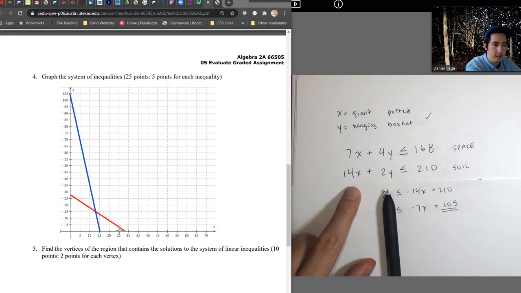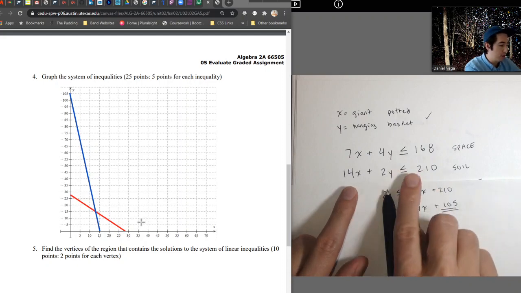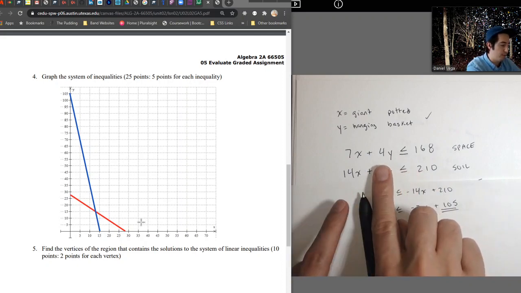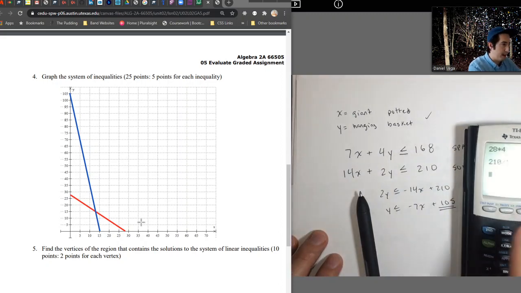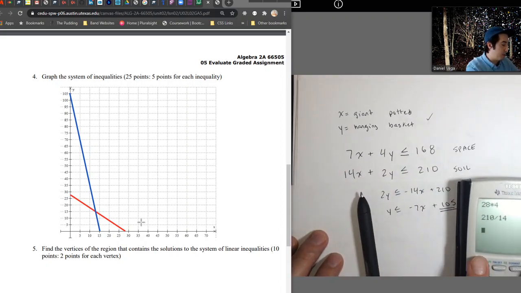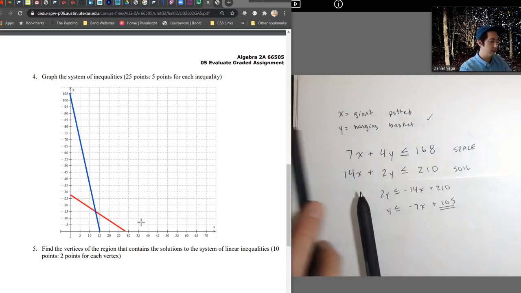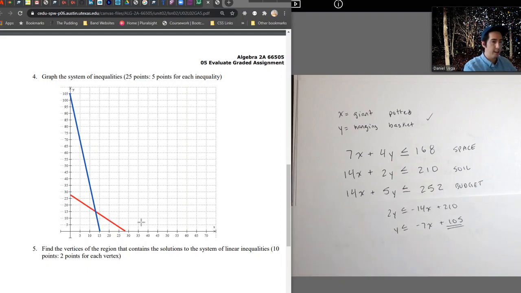The x-intercept is where y is 0. So if you covered up the y and said 14x equals 210, and then you do 210 divided by 14, you get 15. So that's why I know the x-intercept is at 15. That's the quick way to find the intercepts.